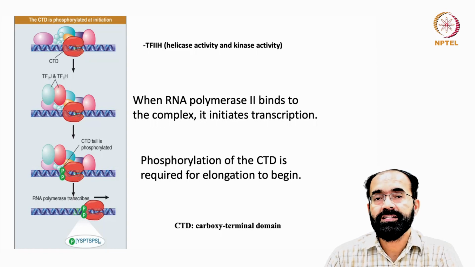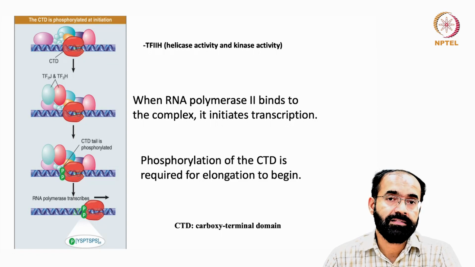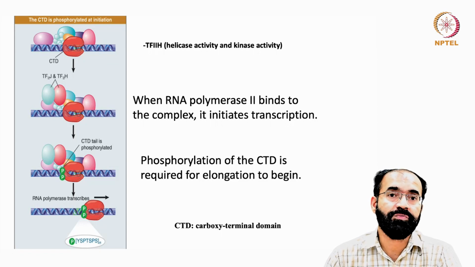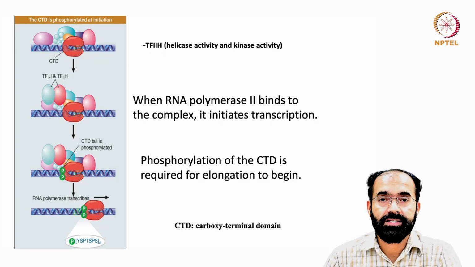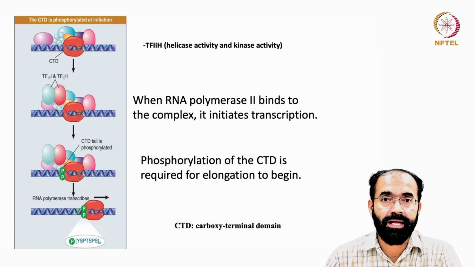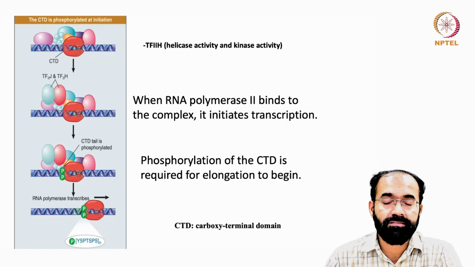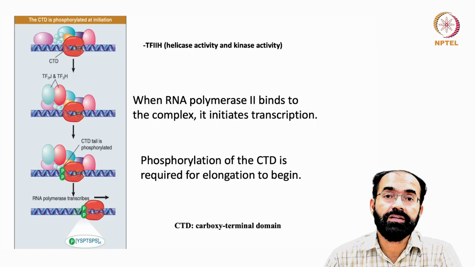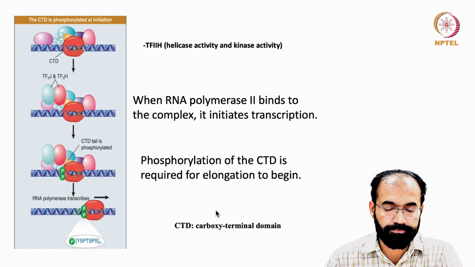So every protein starts with an NH2 end, corresponding to the 5' end of an RNA, located in the N-terminus, and towards the 3' end or towards the end of the protein you have a carboxyl group. So that is called the C-terminal of a protein. So we call it CTD, carboxy terminal domain.